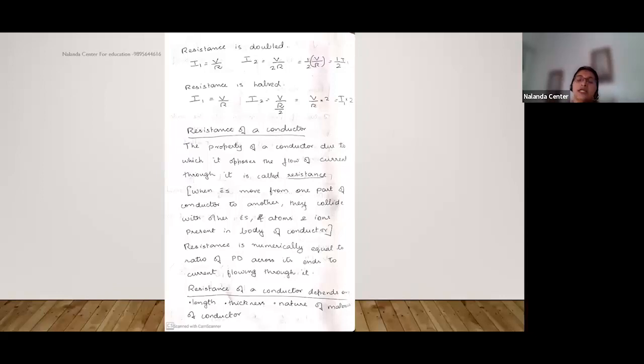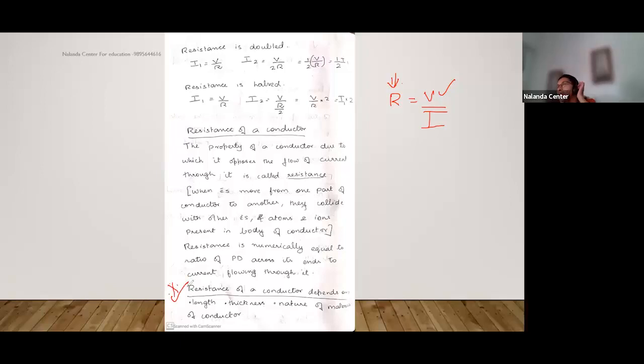Now the resistance is going to be numerically equal to, there should be a number. How can you derive resistance? It is equal to the ratio between voltage and current. It is as simple as that. Why does resistance happen? Because of the collision of the free moving electrons with other electrons, ions and atoms. Now the resistance, ladies and gentlemen, these are very important questions.